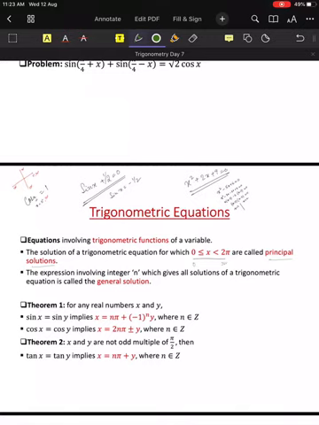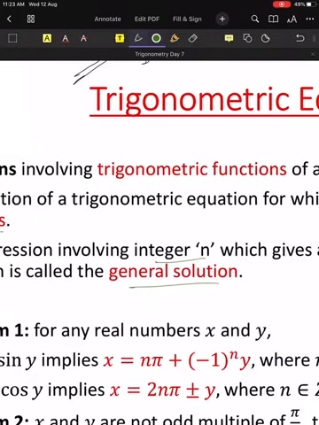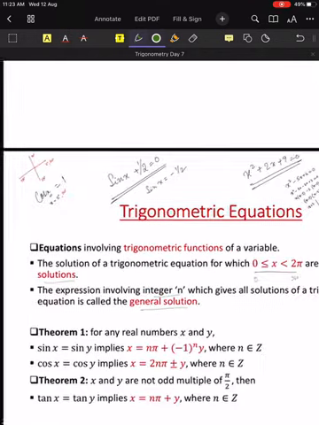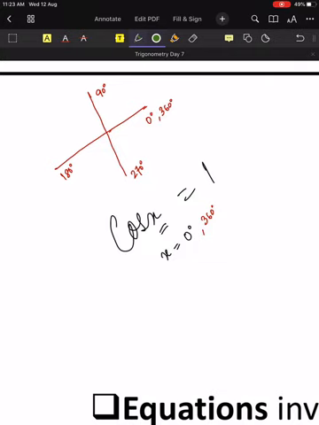Okay, clear? Now the expression involving n as an integer which gives all solutions of a trigonometric equation is called the general solution. From the word general, it means it is applicable for all the numbers n. Suppose for the principal solution, we are just considering one complete cycle only, but it's also possible that the angle can be 720 degree, 1080 degree, or 1440 degree also.